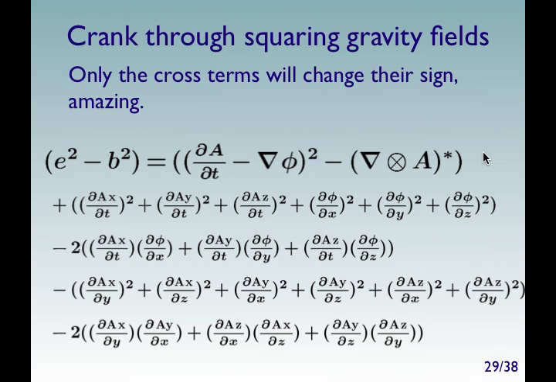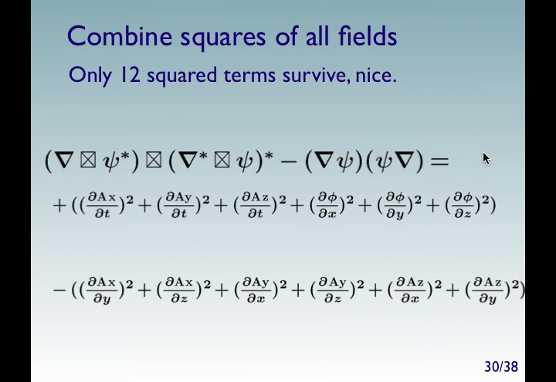And now we say, well, my Lagrangian had both of those together, actually one minus the other. So, oh, look at that. All the cross terms go away. I mean, that is really nice. And we now have 1, 2, 3, 4, 5, 6, 7, 8, 9, 10, 11, 12 terms in all.